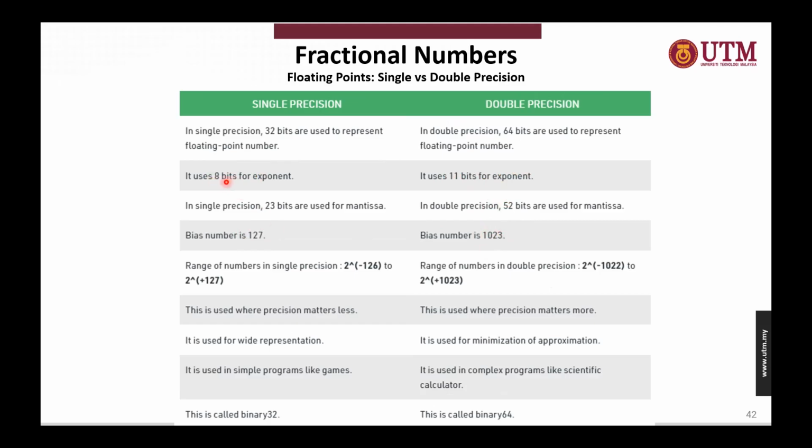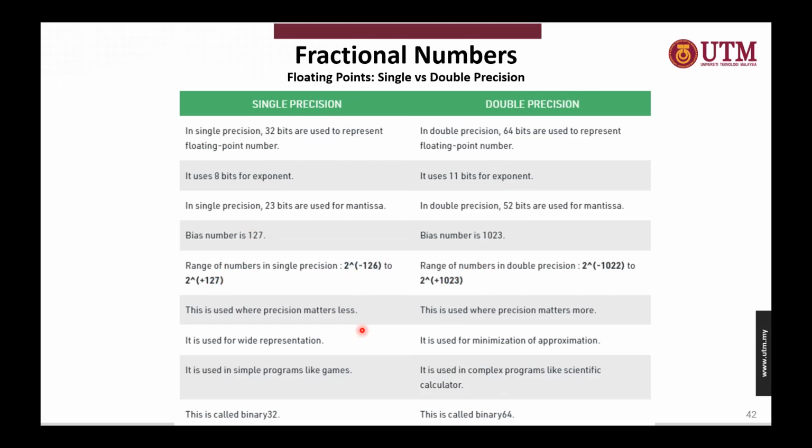Meanwhile, for the 8-bit exponent, the bias is 127. This is the range of the number in the single precision, and this is the range for the number in the double precision. You can see here 2 to the power of minus 126 until 2 to the power of positive 127.